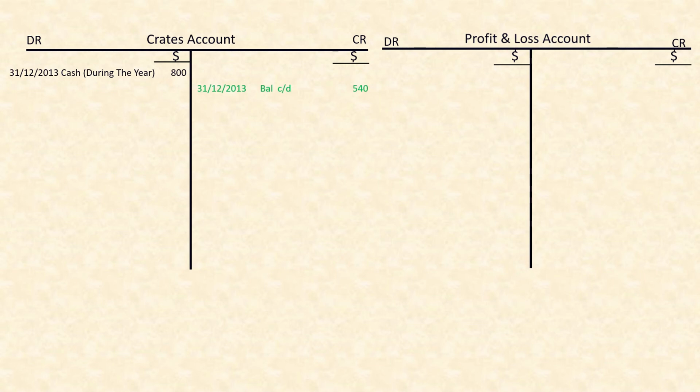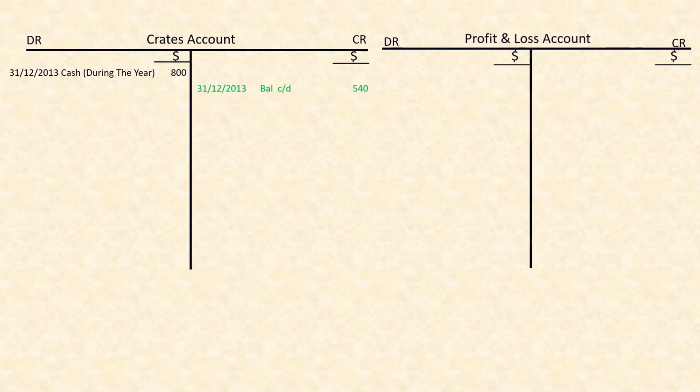So now, if you want to know the depreciation expense that has been incurred, you are supposed to have the total cost of that particular asset, the original cost, minus the closing value. First of all, you are supposed to know the total that you are having.